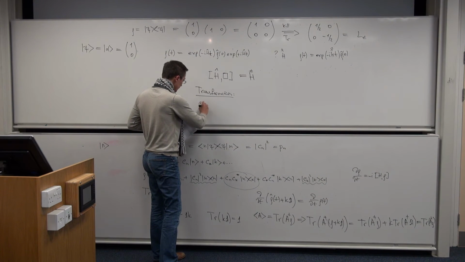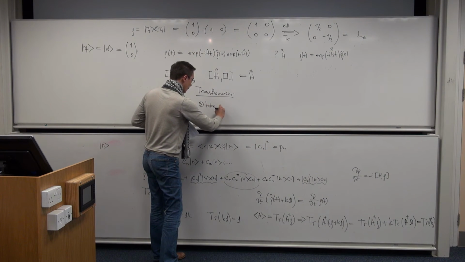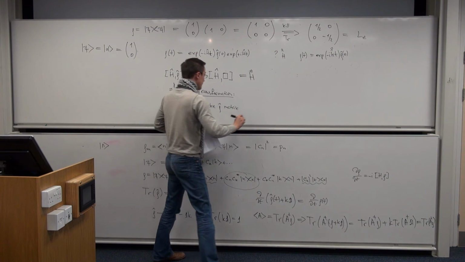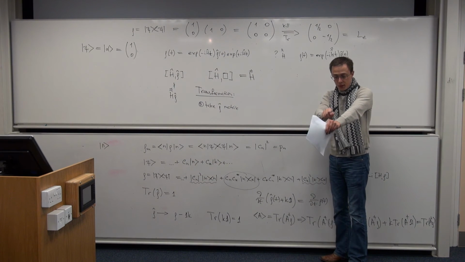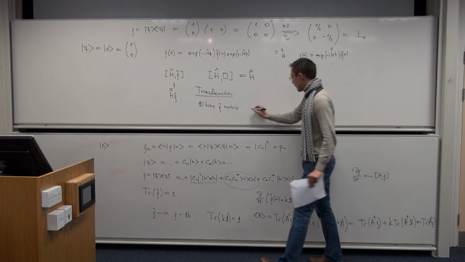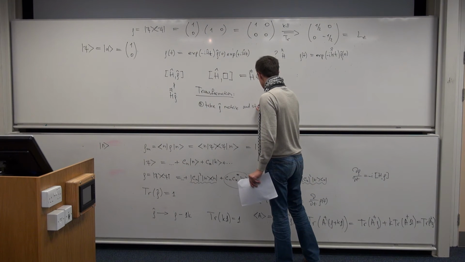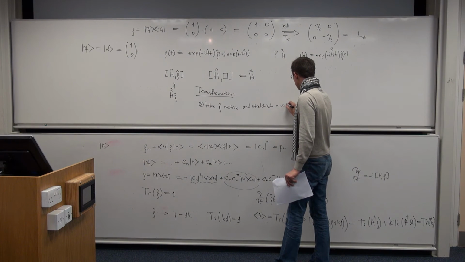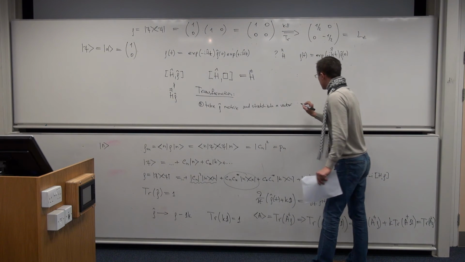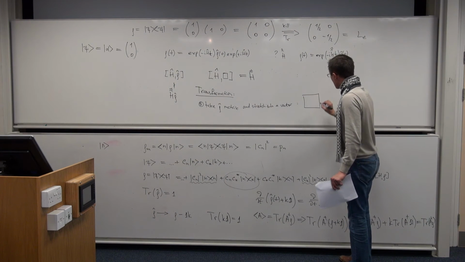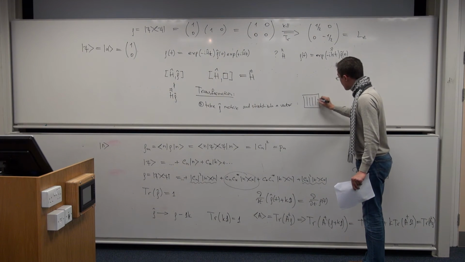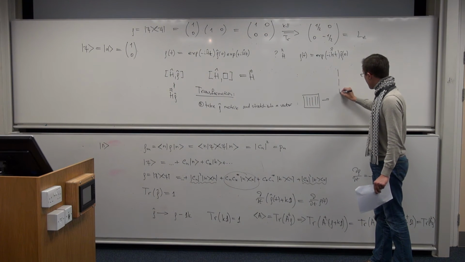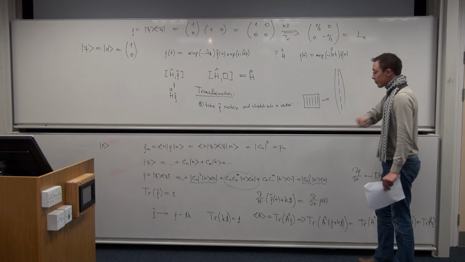Take the rho matrix and stretch it into a single vector column-wise. If this is our row, and these are our columns, column 1, 2, 3, 4, and so on, it is stretched like that. So it becomes a vector.